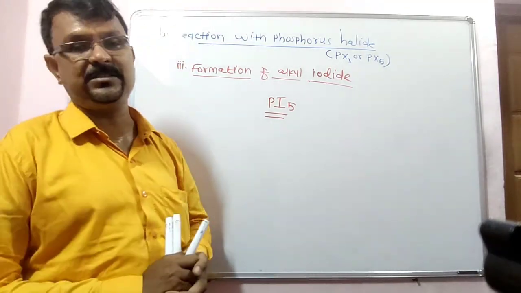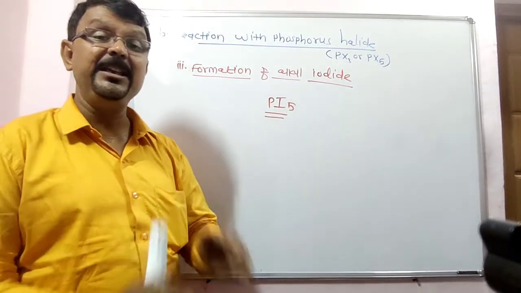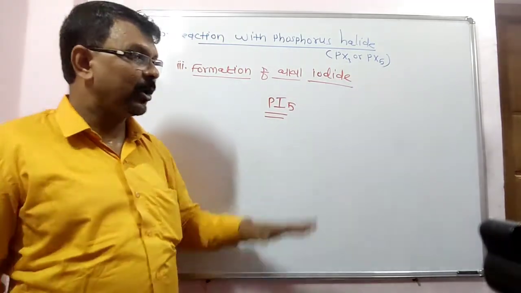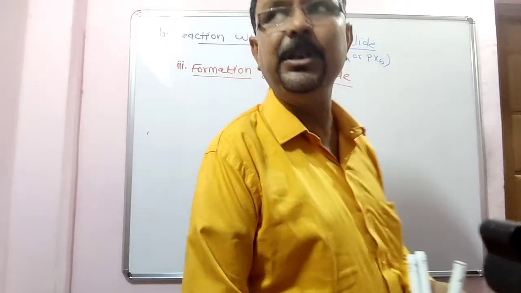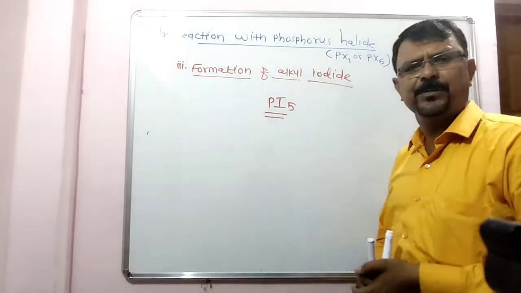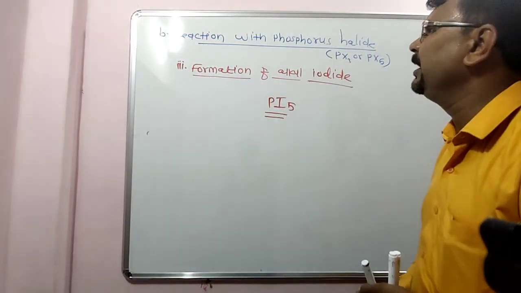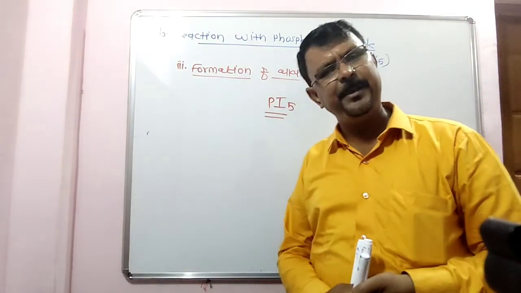Phosphorus pentabromide and phosphorus pentaiodide do not exist. All the reaction types are nucleophilic substitution. Okay, that completes the preparation method reactions with the phosphorus halides. Stop here. Thank you.